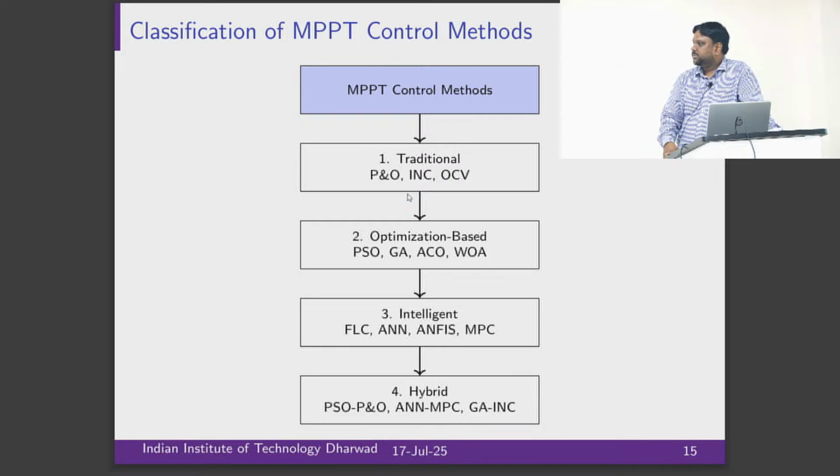Then intelligent means fuzzy logic, artificial neural network, and hybrid. Sometimes you put the traditional method together with the intelligent techniques. So instead of classically doing the MPPT control, you attach a machine learning technique, so it will make it an automatic and more intelligent controller. Okay, so these are some of the classifications.